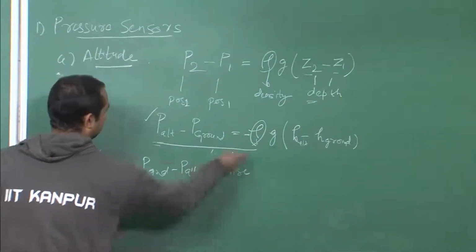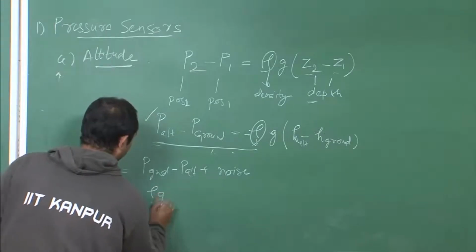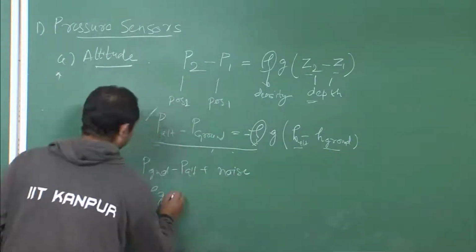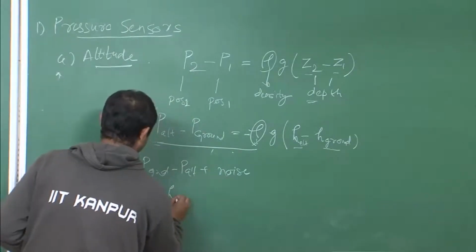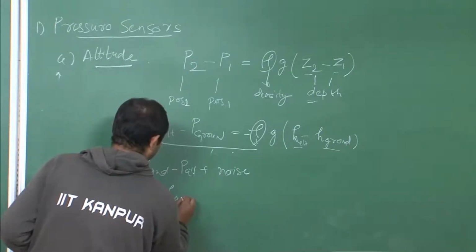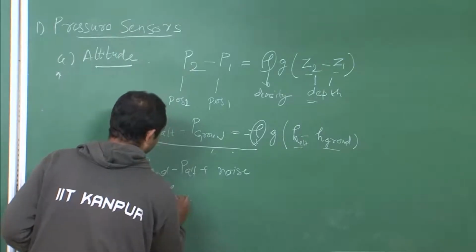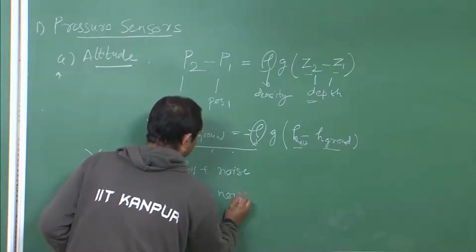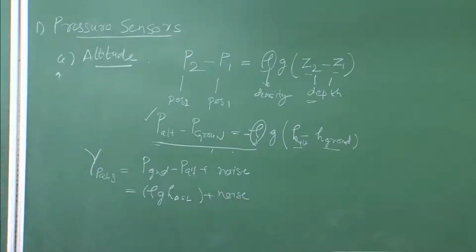which is equal to rho g h, where h is the altitude above sea level, ASL, plus some noise. Now this is for calculation of altitude.